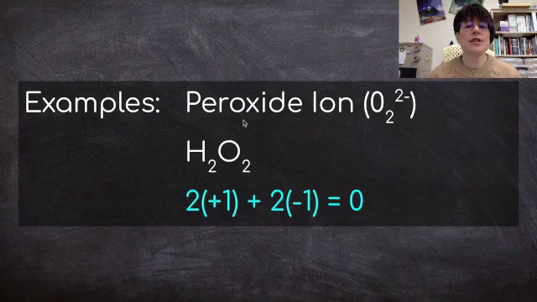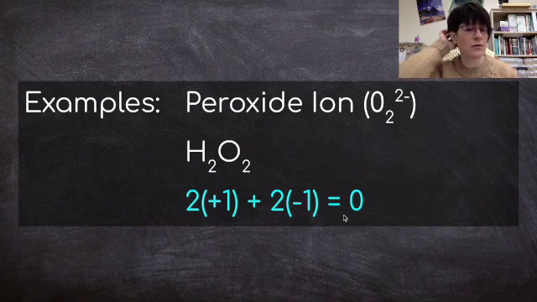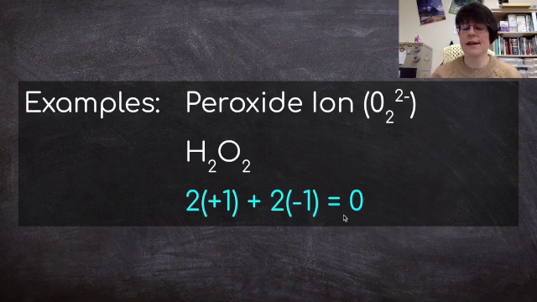The exception is when it's in the peroxide ion, O2 with a -2 charge. So we know that because hydrogen is bonded to a nonmetal, that its oxidation number is +1, and there are 2 of them, so that gives us a +2. So the oxygen, since there's 2 of them, must be 2 -1s to balance out to 0. That's how we figure that out.